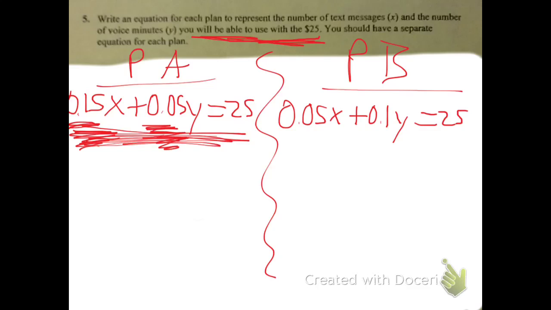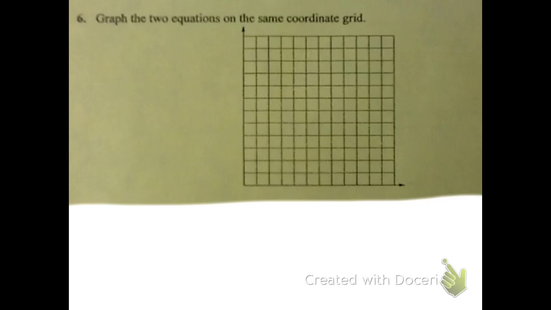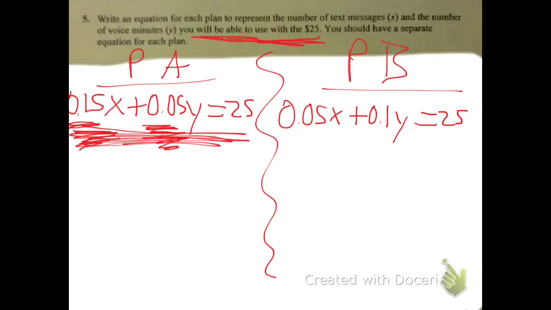So really, we should solve both of these equations for y, because typically you have y going up and x going to the right. And it's much easier to deal with if you have things in the form of y equals mx plus b. So let's jump to here and let's solve them both for y.